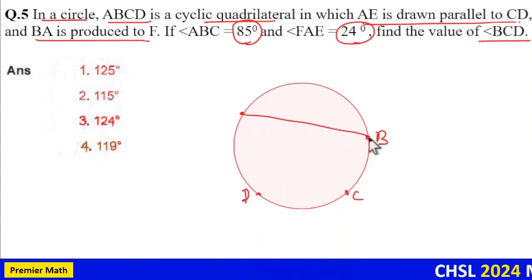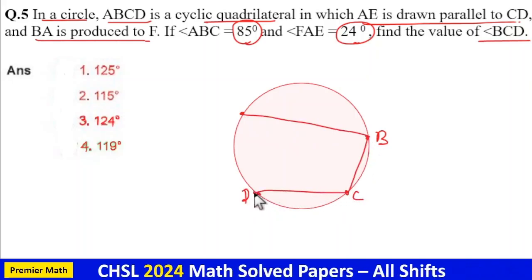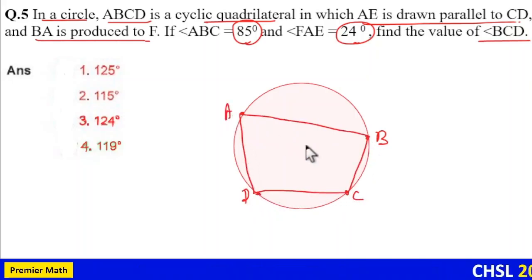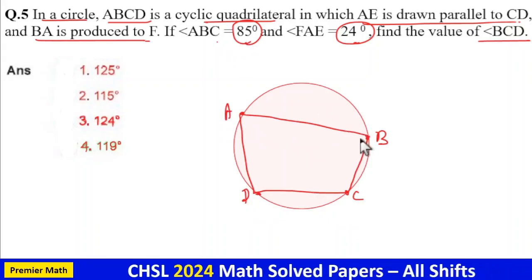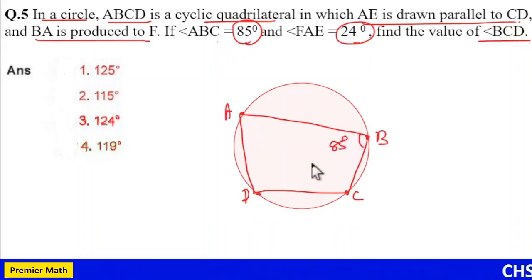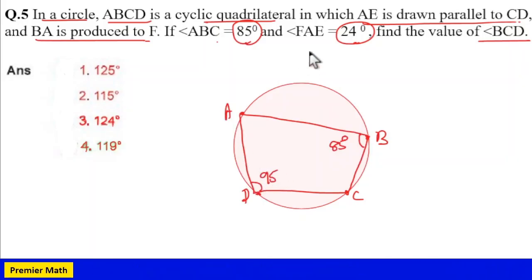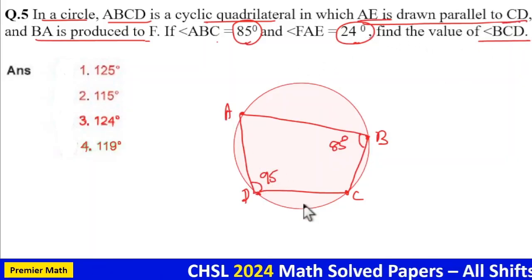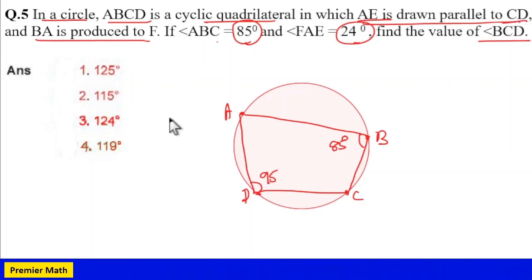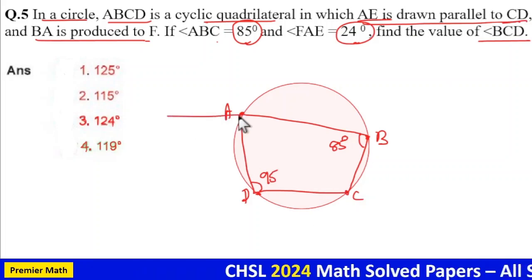Cyclic quadrilateral means the sum of opposite angles is 180 degree. Now ABC is 85 degree, which means the opposite angle is 180 minus 85, that is 95 degree. And here AE is drawn parallel to CD. This is CD. Now draw AE parallel to CD.